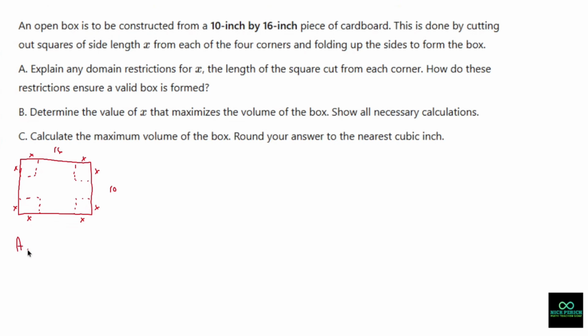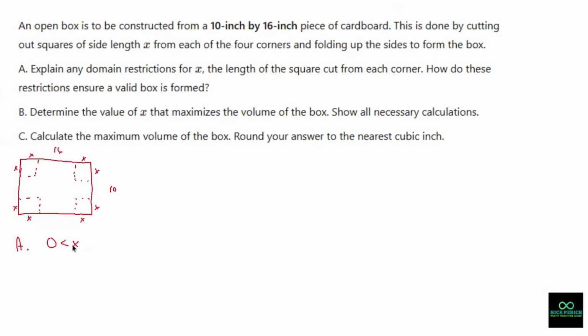For this, the smallest possible value that I could use is 0.00000001. I can cut a tiny, itty-bitty square and still have enough to fold it up and make myself a box with no top. So 0 is my smallest.